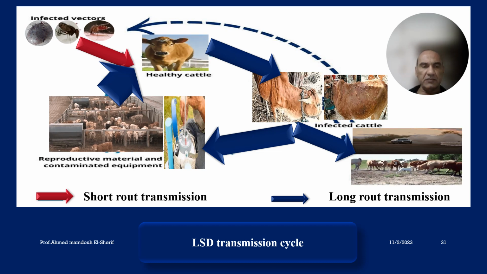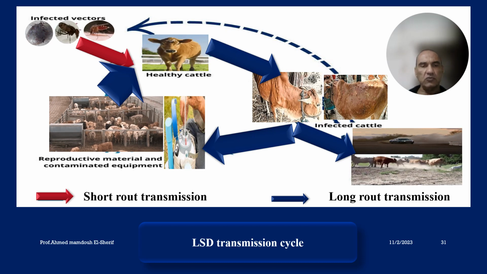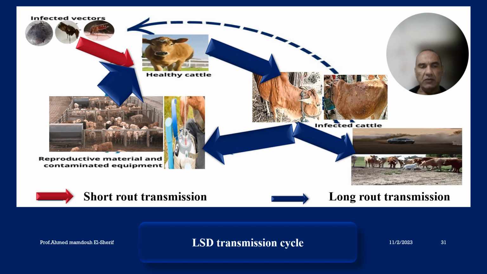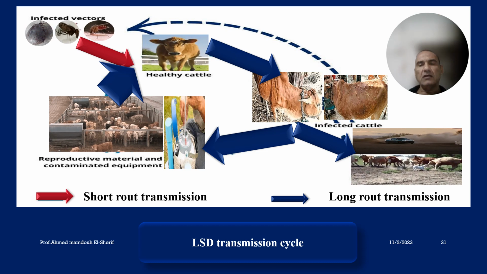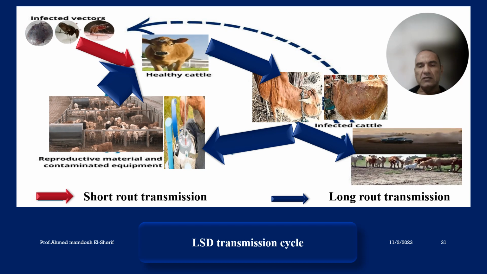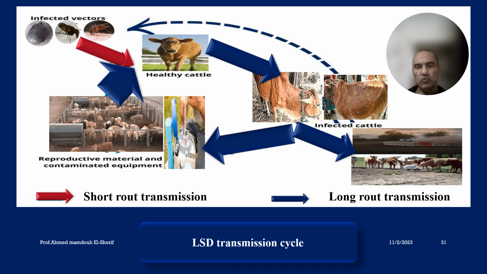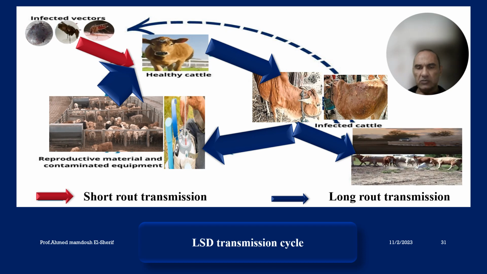These reproductive materials and contaminated equipment will then transmit the virus to healthy cattle by contact. Also, infected cattle transmit the disease during their wandering to healthy stocks.